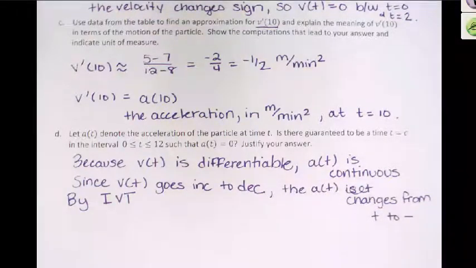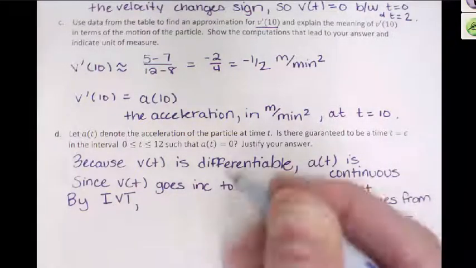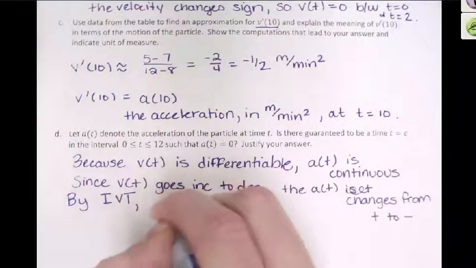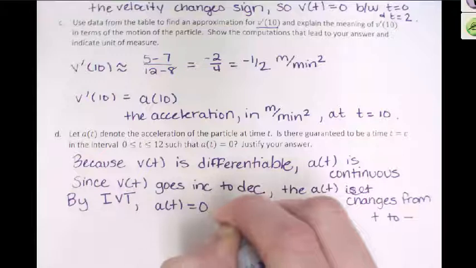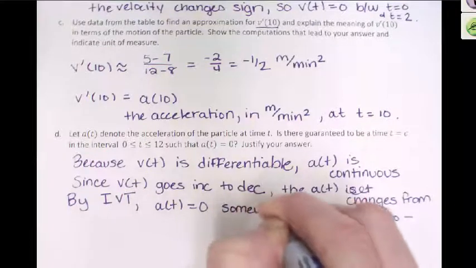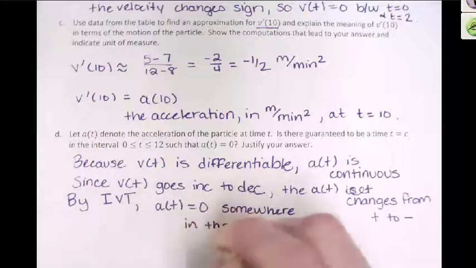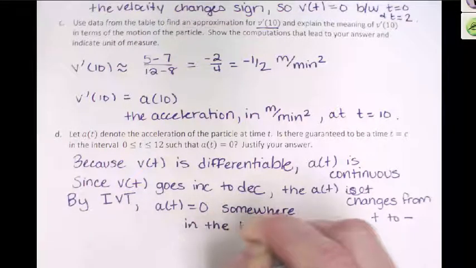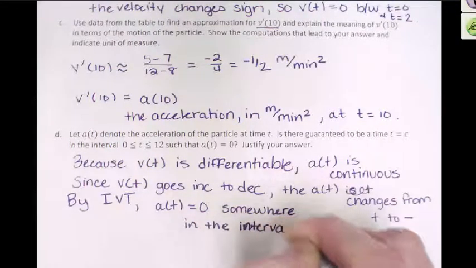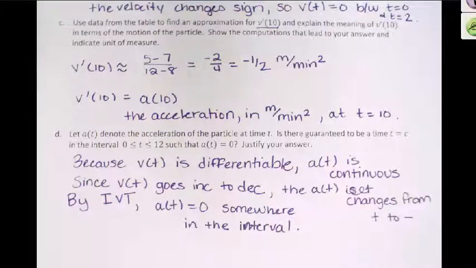And so by IVT, if you are going to change from positive to negative, you're going to have to hit 0 somewhere in the interval. So it's very similar to what we did in part B. So yes, somewhere the derivative, or the acceleration, is 0.